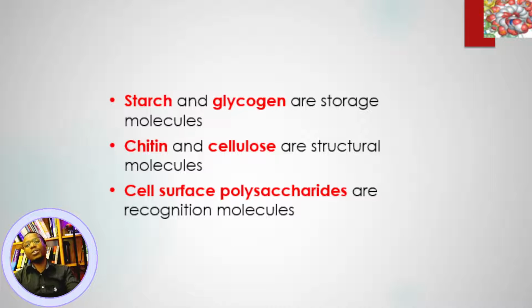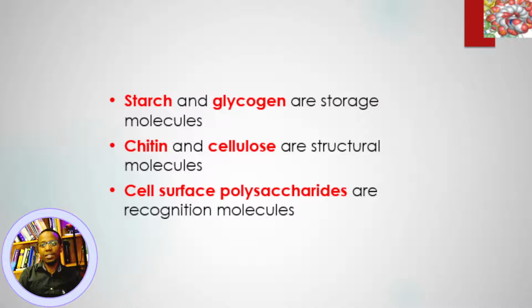Alright, so let's look at examples of some of this. When we talk about storage molecules, we have starch and glycogen. We'll talk more about these, but one thing that you will notice very quickly is that starch is a storage system in plants, whereas glycogen is a storage system in animals. Chitin and cellulose are structural molecules, and we'll talk more about that.